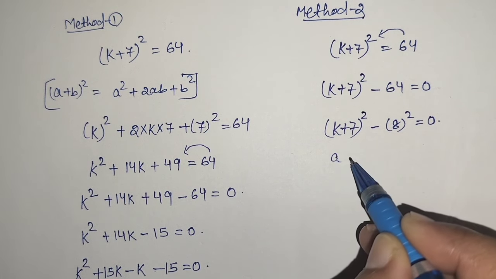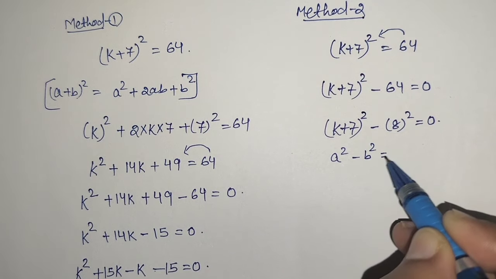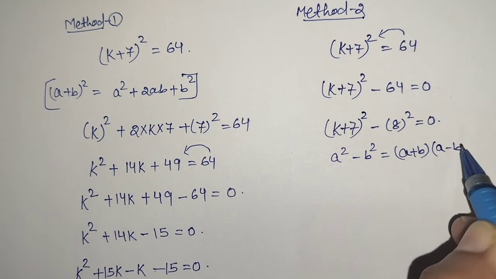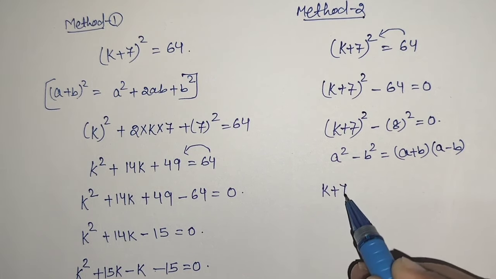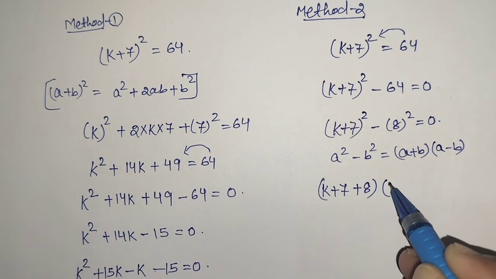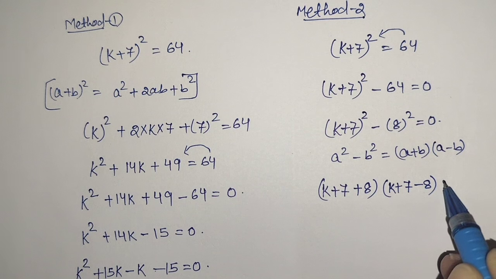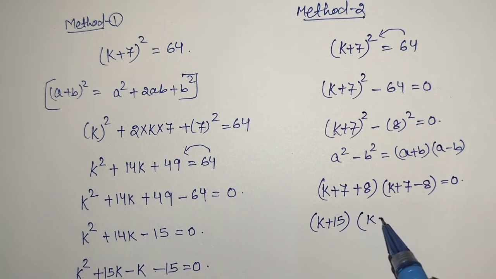It is a² − b² = (a + b)(a − b). Yes, then (k + 7 + 8)(k + 7 − 8) = 0. Then (k + 15)(k − 1) = 0.